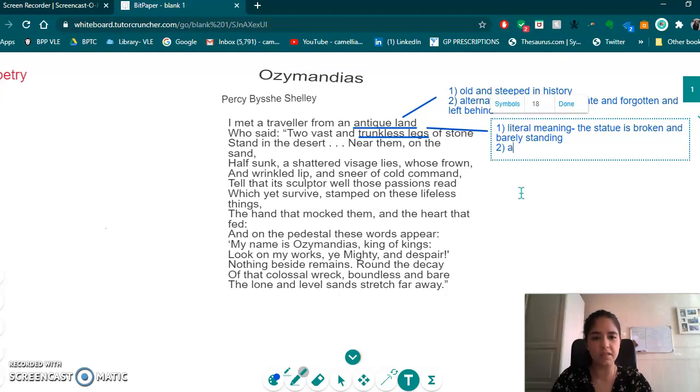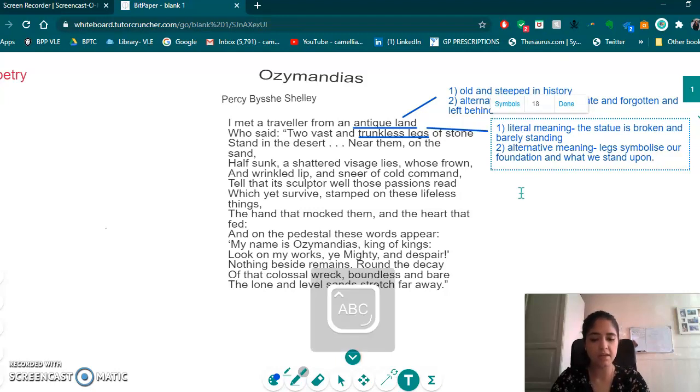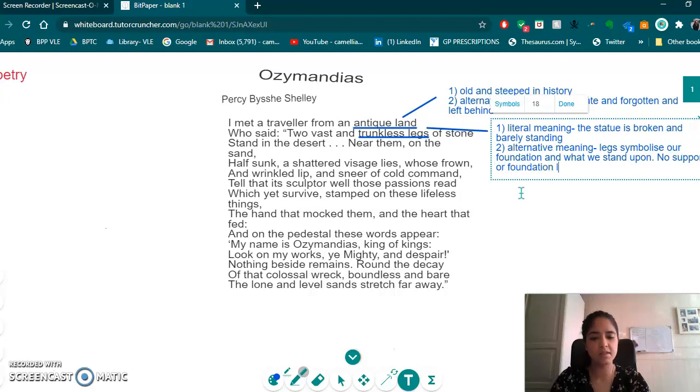The alternative meaning could be that legs symbolize our foundation and what we stand upon. If the legs are broken, trunkless legs, no legs remain of the statue, then no support or foundation left, which is symbolic of the loss of power.